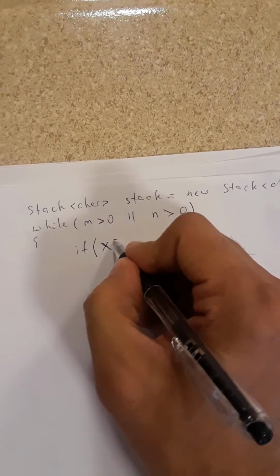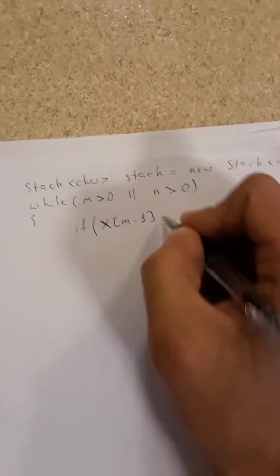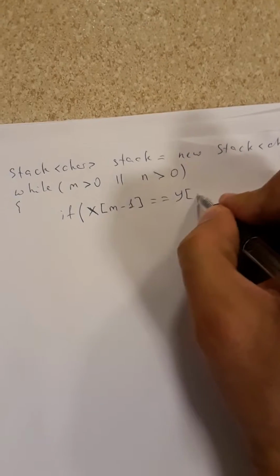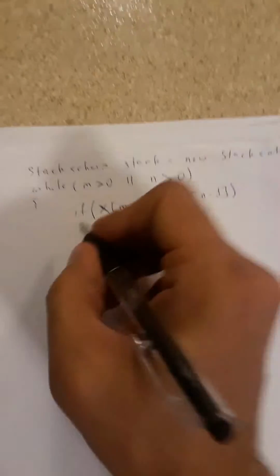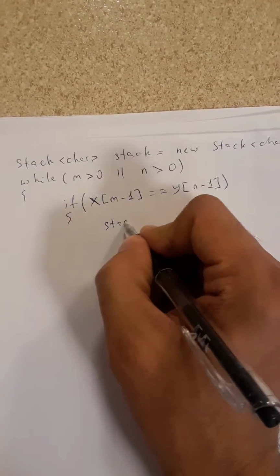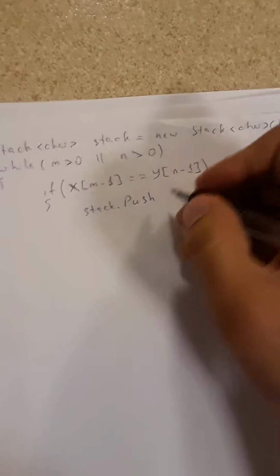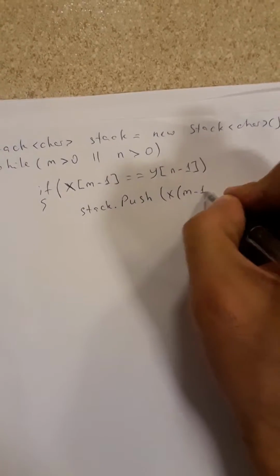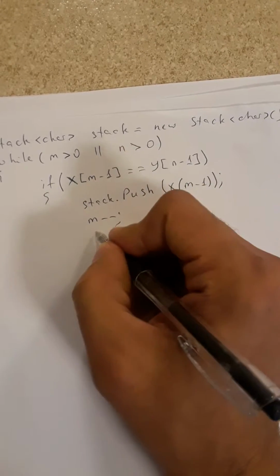Here I will be using indexing directly on the given strings. If I see that the characters of two strings are equal to each other, I will just push this character to the stack, and I will decrement the values of m and n.